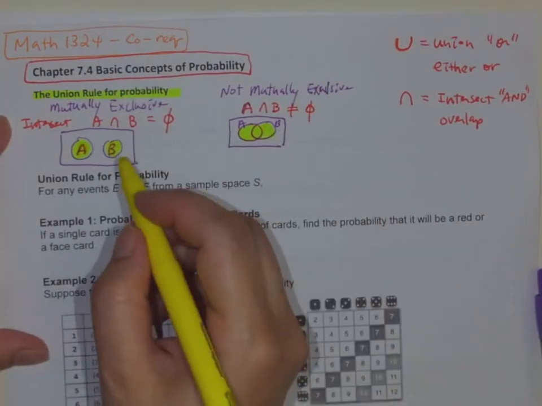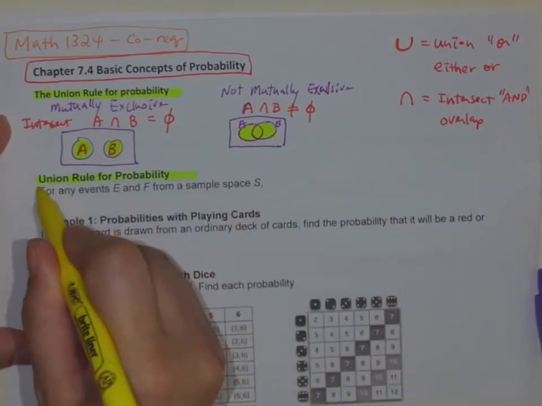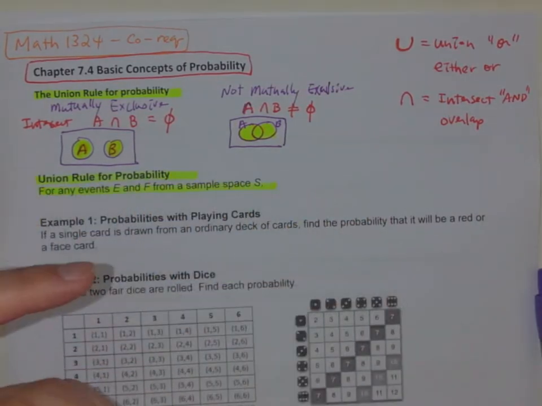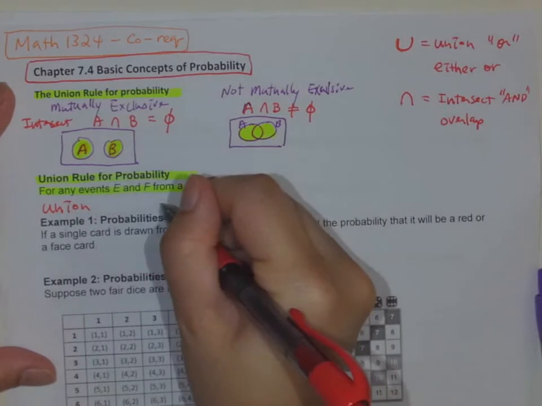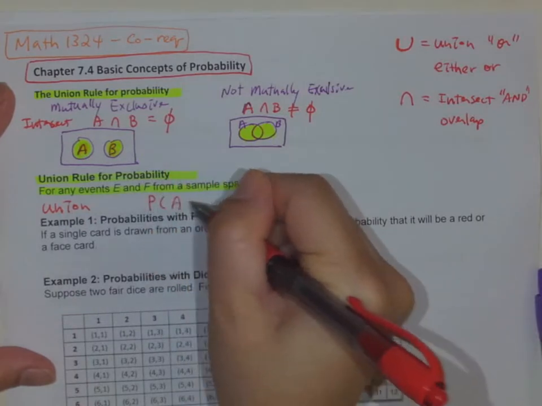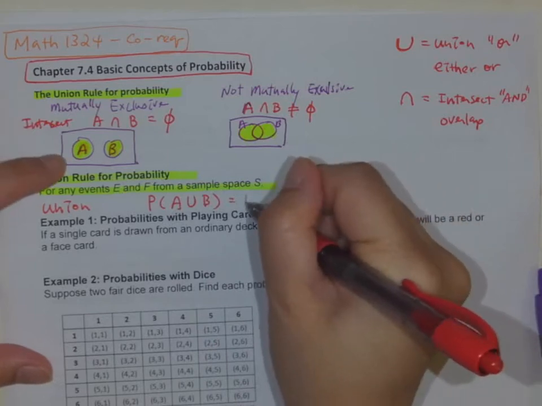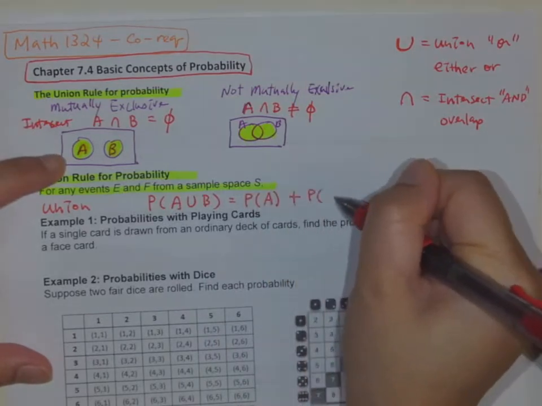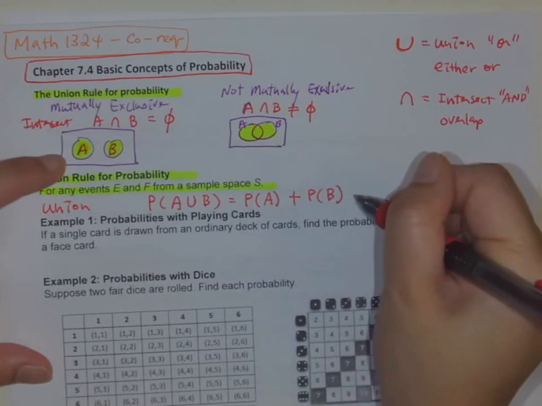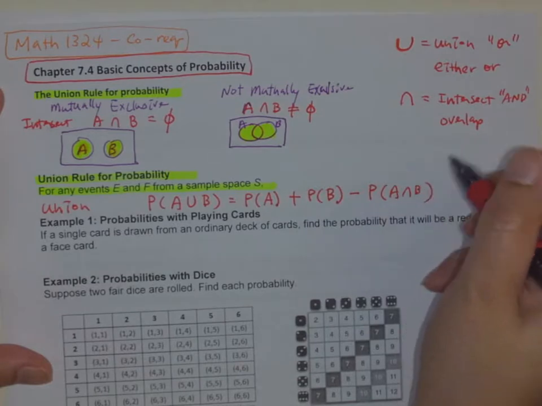So we just talked about intersect, but how about union? The union rule for probability: if we have two things, E and F, when you talk about a union, the probability of A union B will equal the probability of A circle plus the probability of the B circle, but then you have to subtract what they have in common.